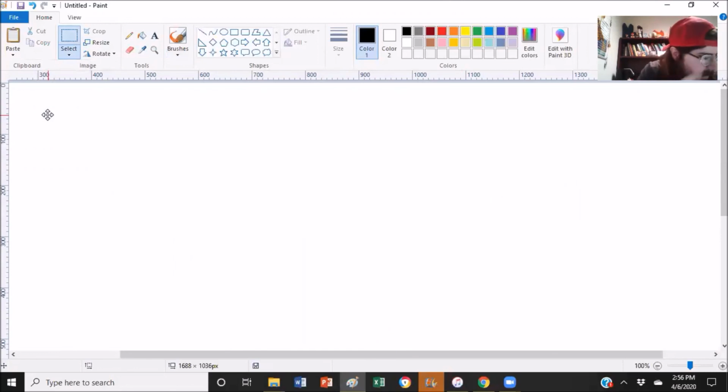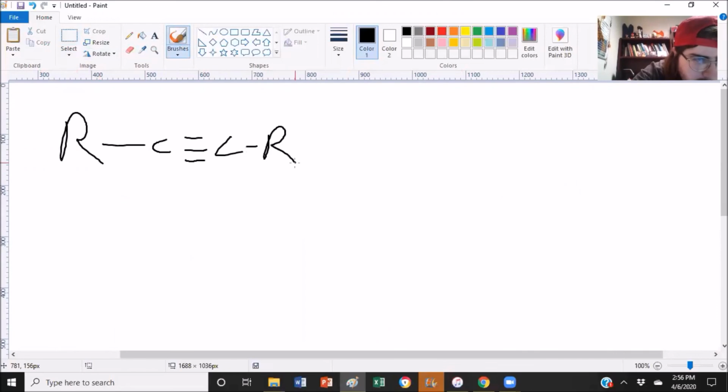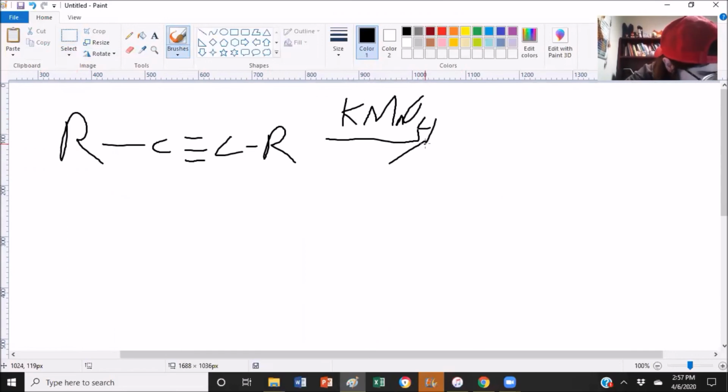So an alkyne, of course, they're all going to be monosubstituted. So these guys are going to go all the way. So I could use this with our potassium permanganate, or I could have used, if you remember, ozone. Our good friend ozone, ozone with water, could also be our oxidant.